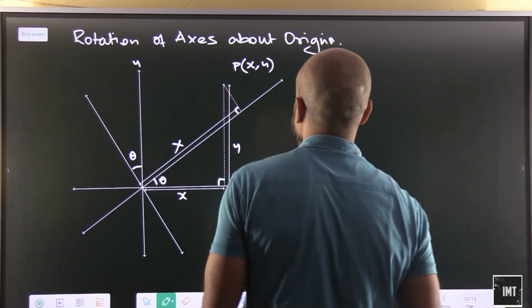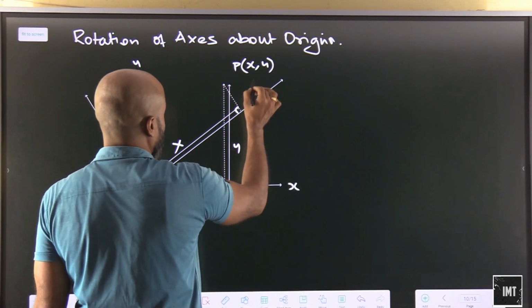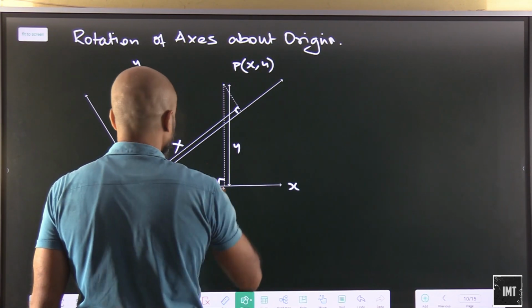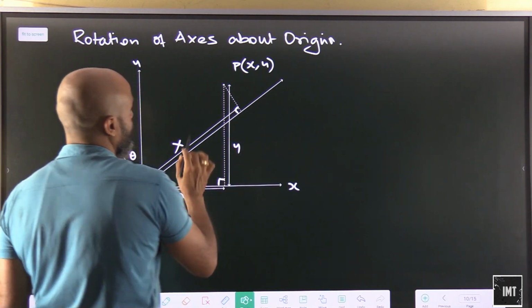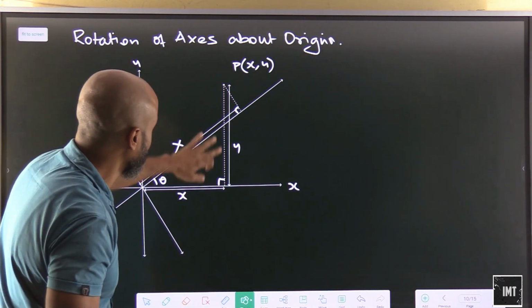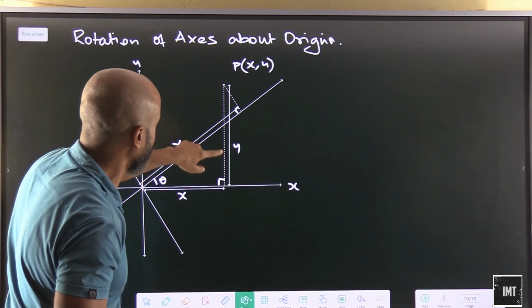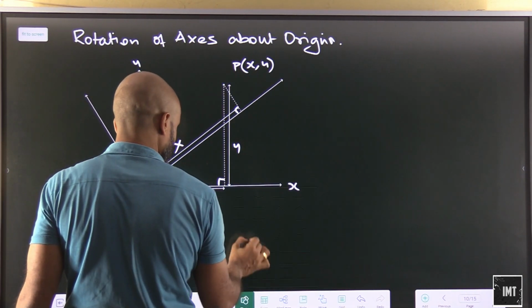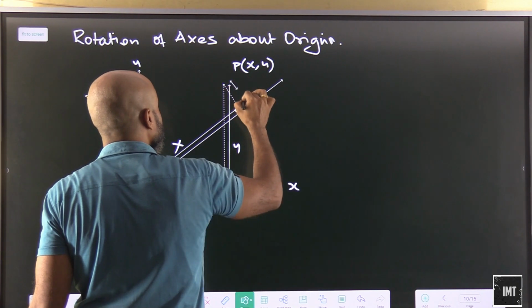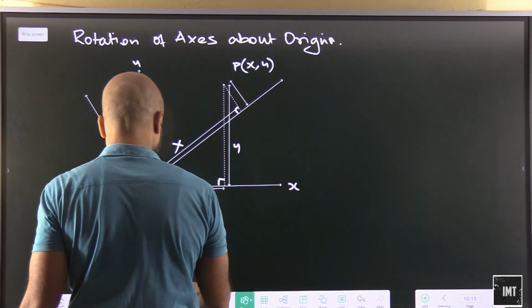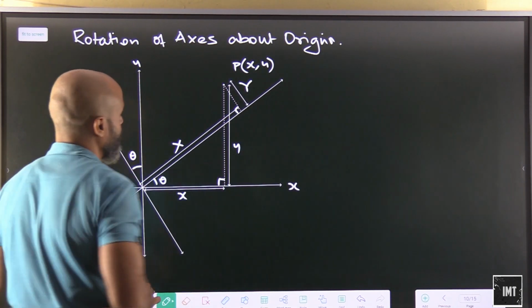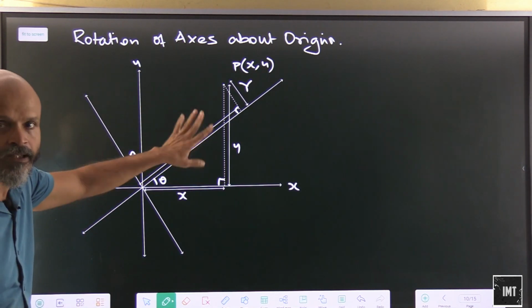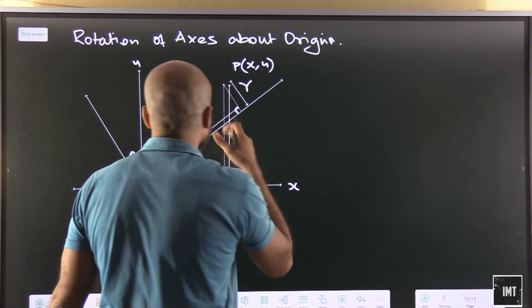This will be capital X, and this is going to be capital Y. This is going to be X, and this is going to be capital Y. Theta. Okay. All right.